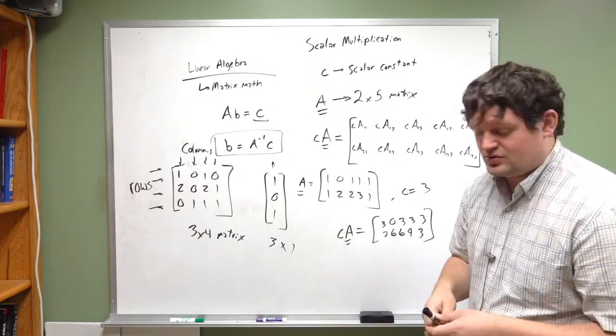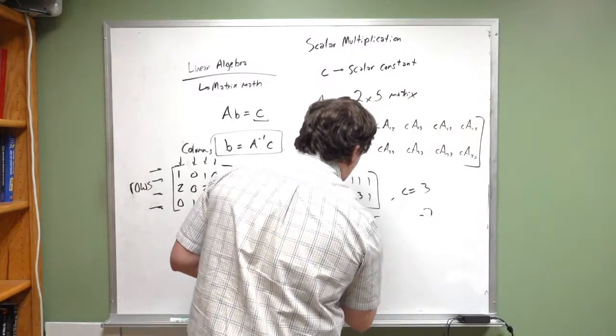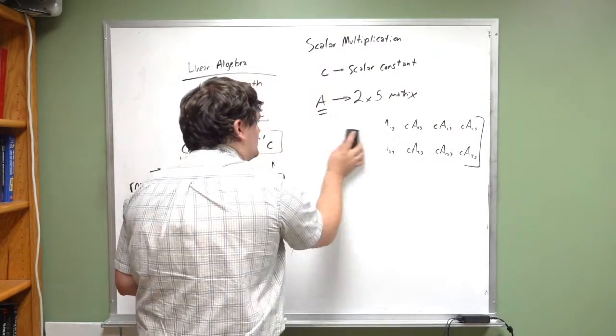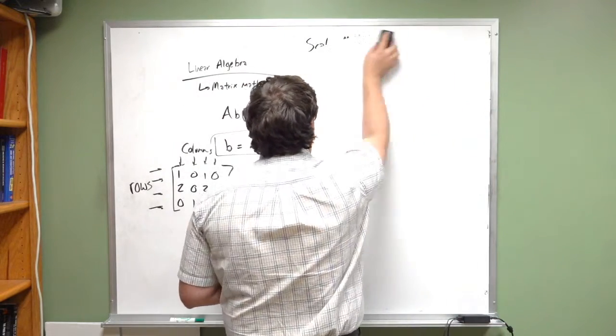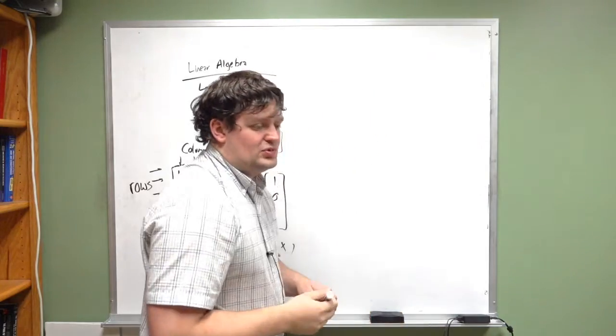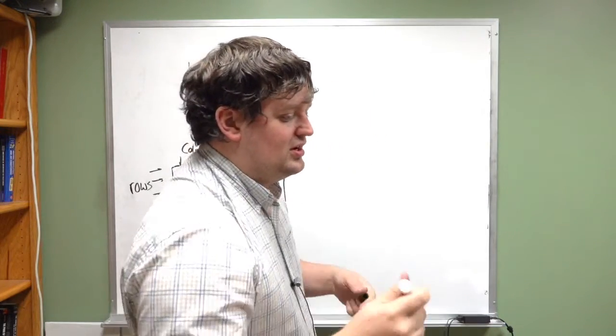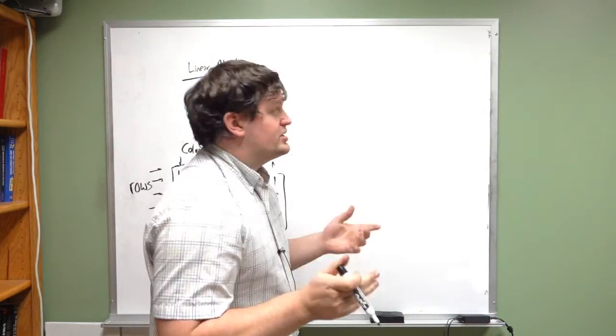Again, pretty straightforward. The crazy part of matrix math comes when you want to multiply matrices by each other. Multiplying matrices by each other is kind of a tricky process.